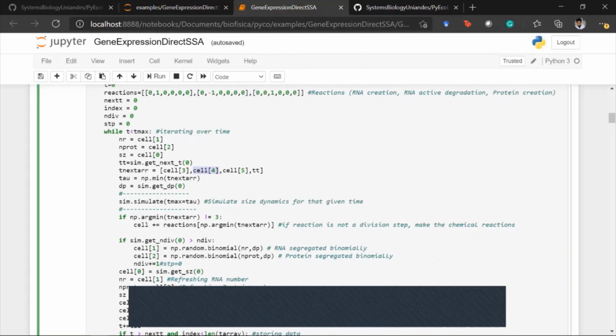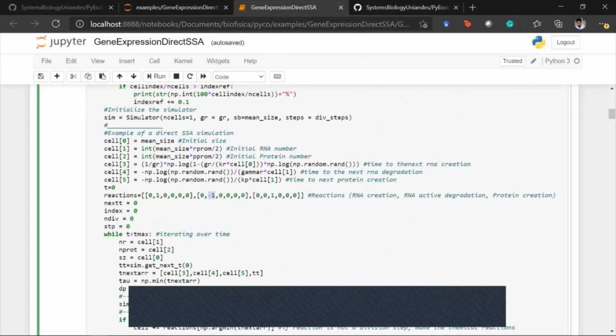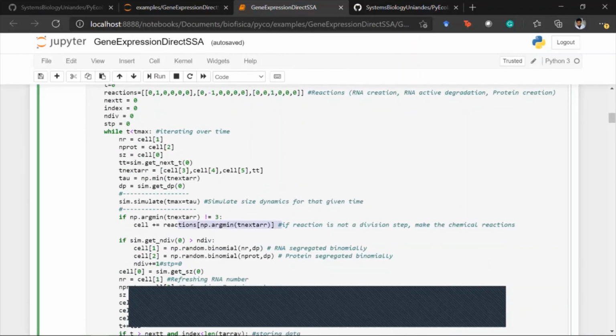Okay, so we simulate our size dynamics until that time, and if this minimum time is about some chemical reaction, you perform the reaction, in this case adding 1 RNA, destroying 1 RNA, or producing 1 protein.